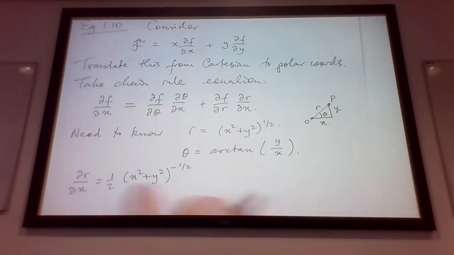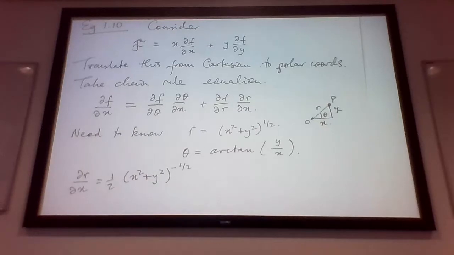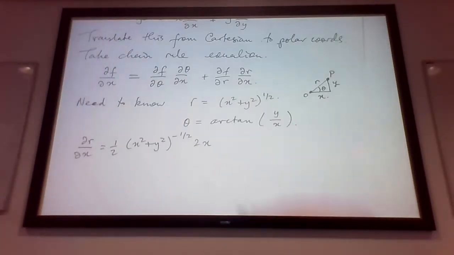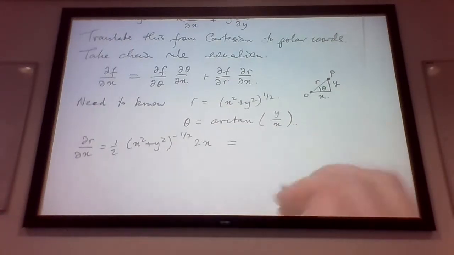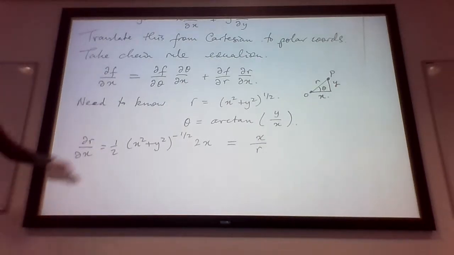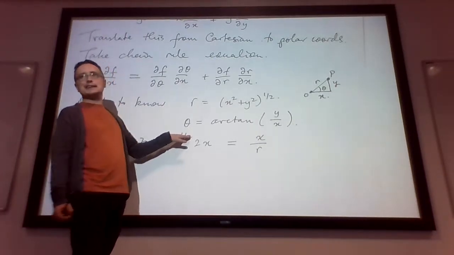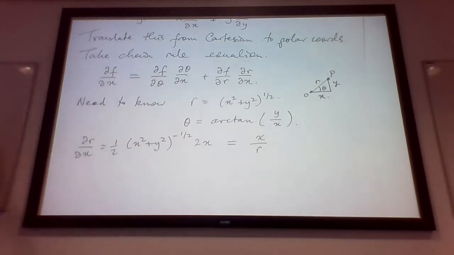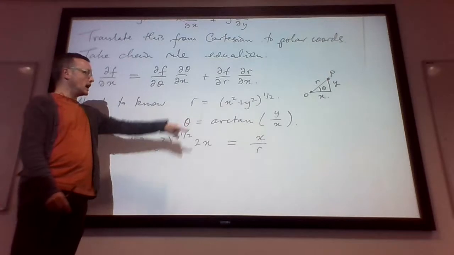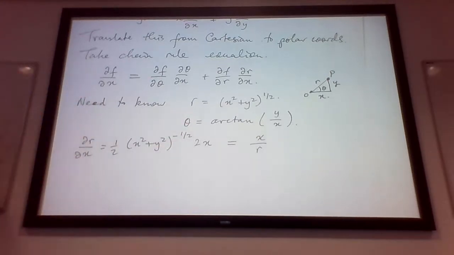Then I multiply by the derivative of the inner function with respect to x, so that's multiplied by 2x. And I can translate that as much as possible into polar coordinates. Well, the 2 and the half will cancel. And you've got the x at the top. And there we've got x squared plus y squared to the minus a half. So that's the same as 1 over x squared plus y squared to the half. So that's r in the denominator position.